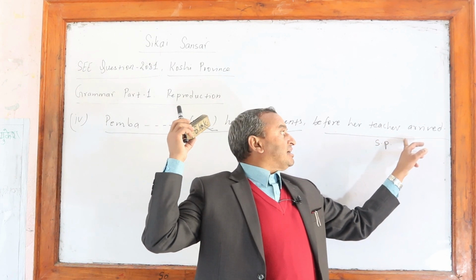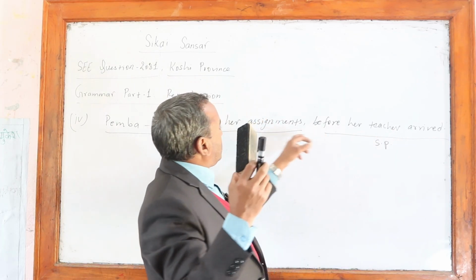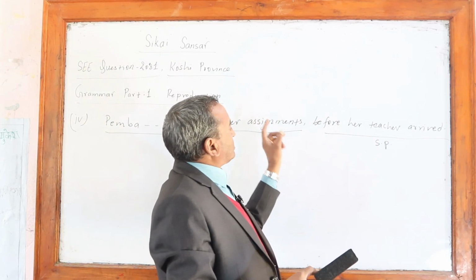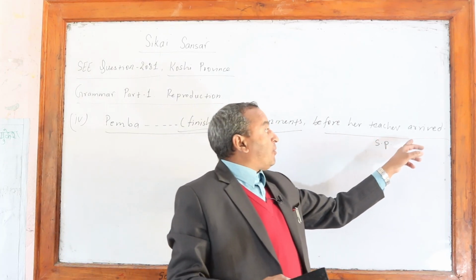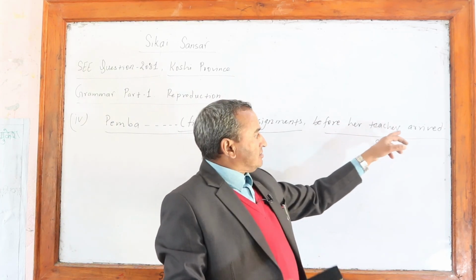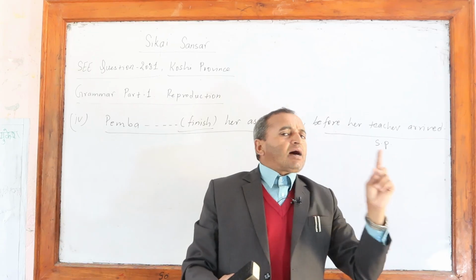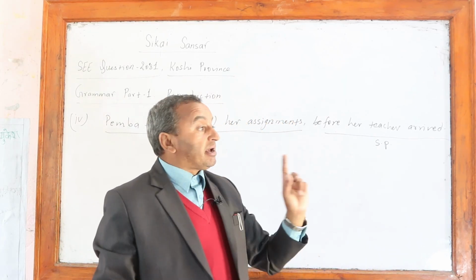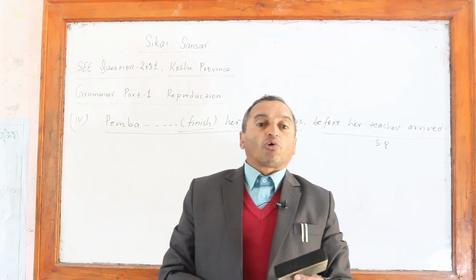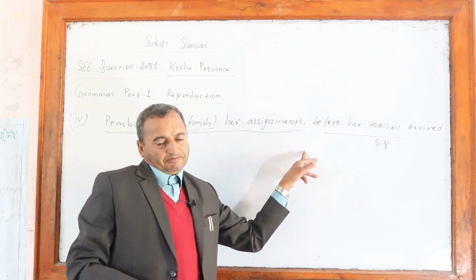Pemba finished her assignment before that. So the teacher's arrival happened later, so it is in simple past tense. But a little earlier, Pemba finished her assignment, which should be written in past perfect tense. So now we have to supply past perfect tense.